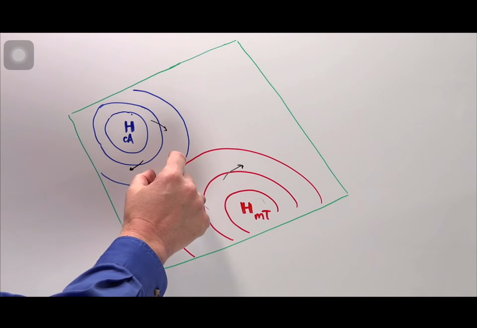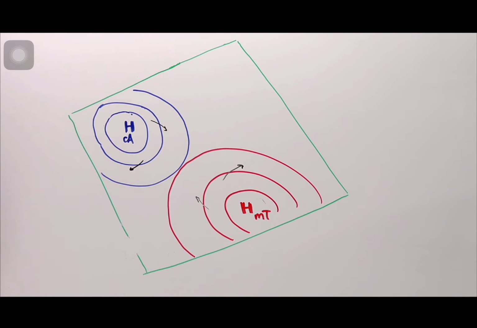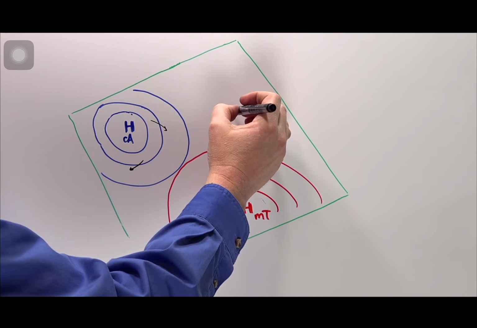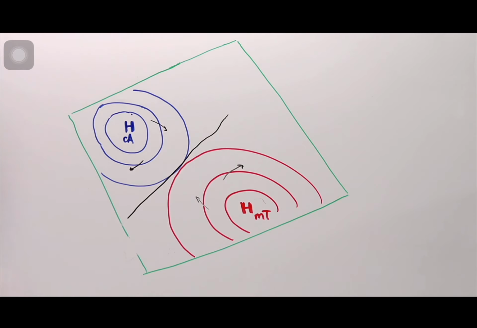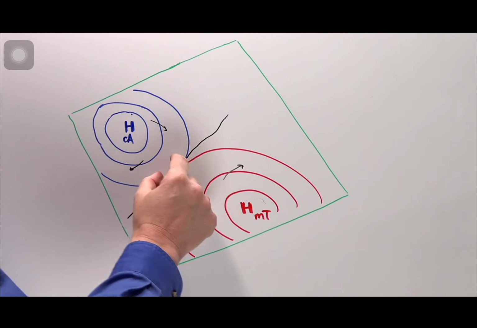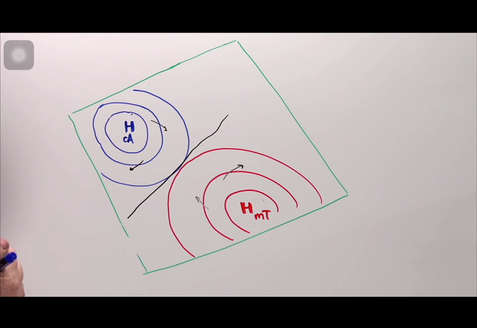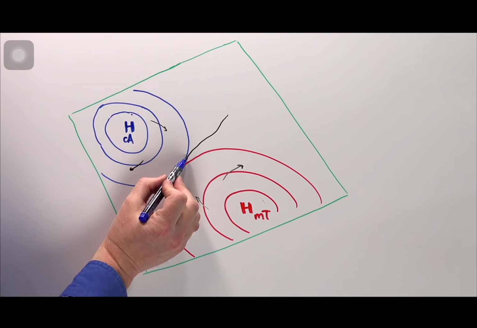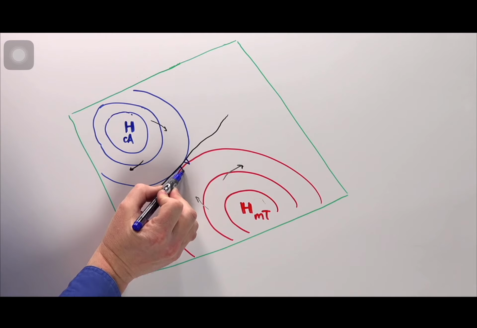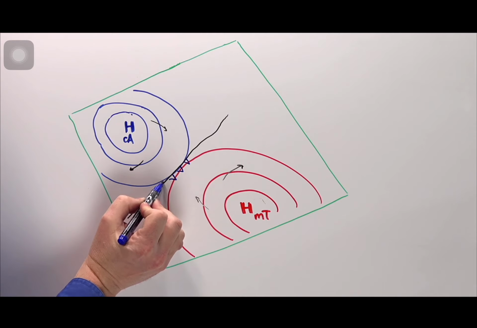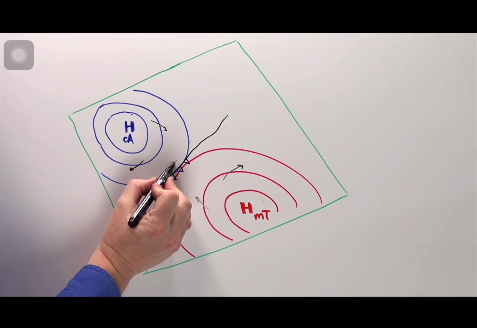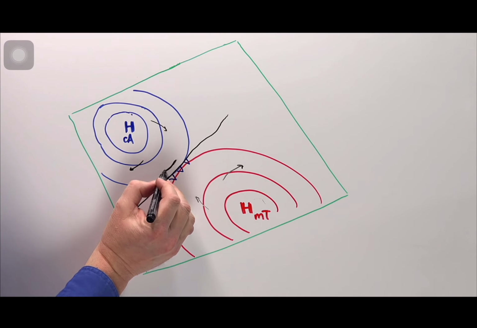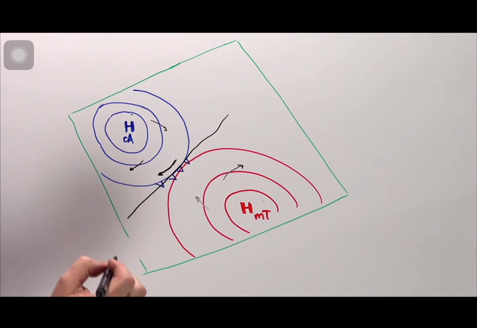So here's what's happening in this area here. If I was to draw a perfectly straight line between the two, of course, this cold air is going to be trying to push in that direction. Notice how the overall wind flow, here where the two fronts are starting to bump into each other, is pretty parallel.